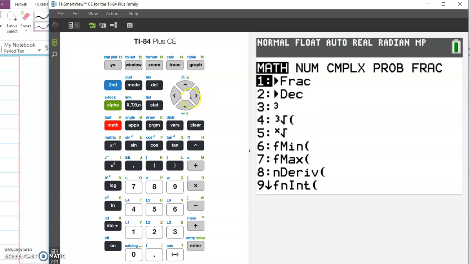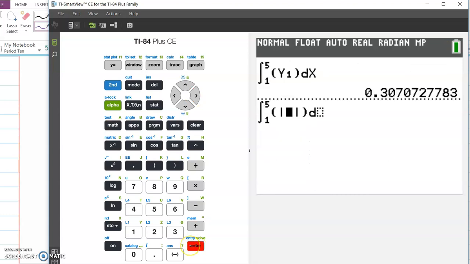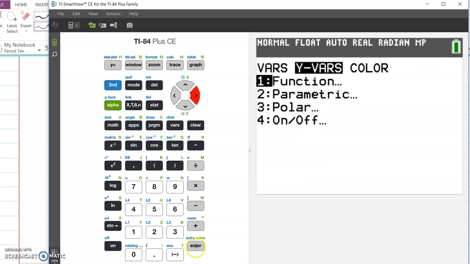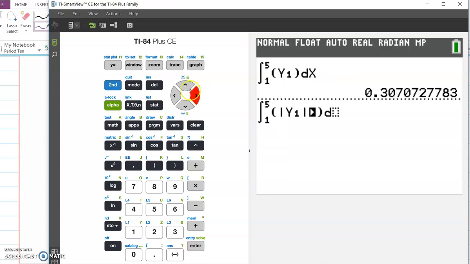So math, number, absolute value, y1, dx. We get 10.36 feet.